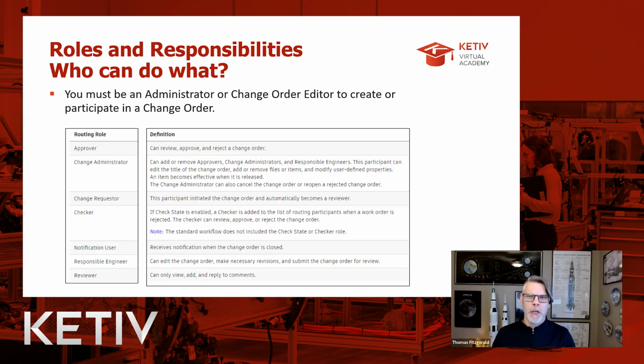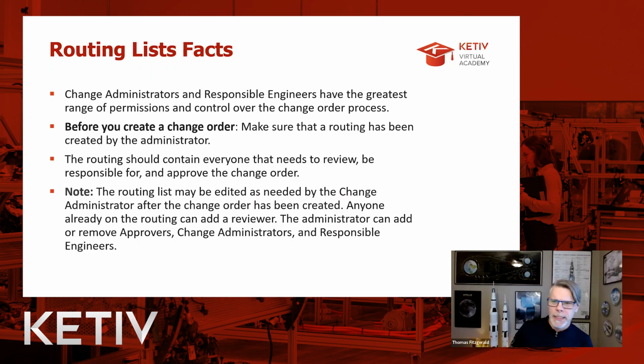So I always challenge our customers to revisit their processes to make sure, hey, why are we doing this in the first place? Is there a better way to be doing this? And should we do it differently now that we have some capability and functionality that Vault provides us that we otherwise wouldn't have, okay? So some routing list facts, some very specific details around routing lists themselves.